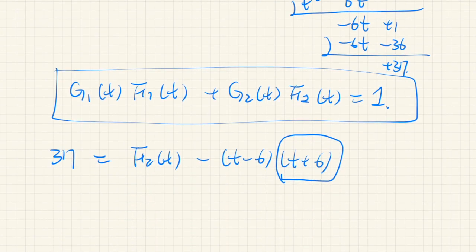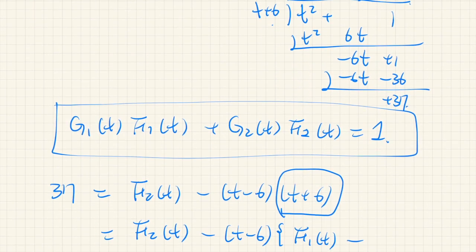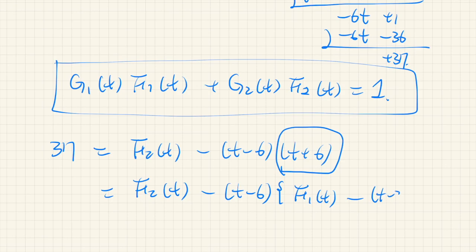Okay, so this is f2 minus (t minus 6) times (f1 minus, what was it, (t minus 3) times f2).